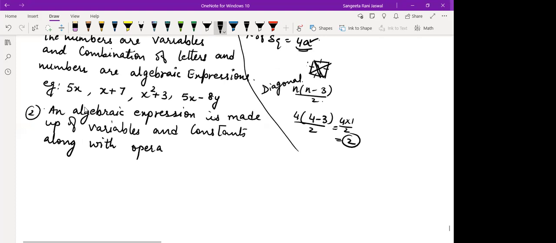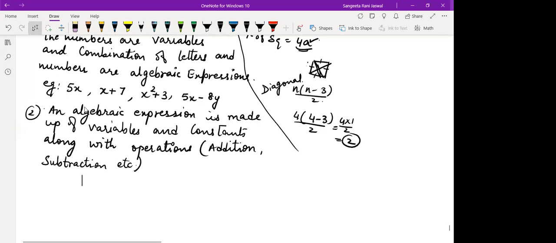See what are operations? The addition, subtraction, these are all operations. Operations means mathematical operations. Addition, subtraction, etc. Multiply, divide, these are all operations.